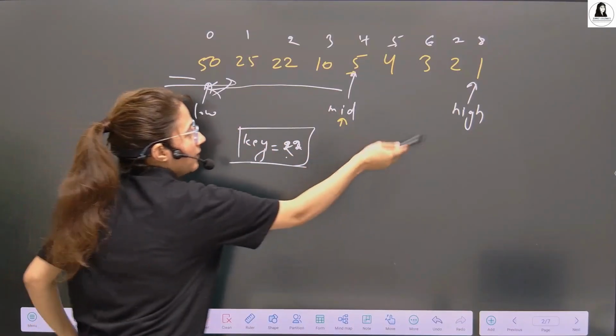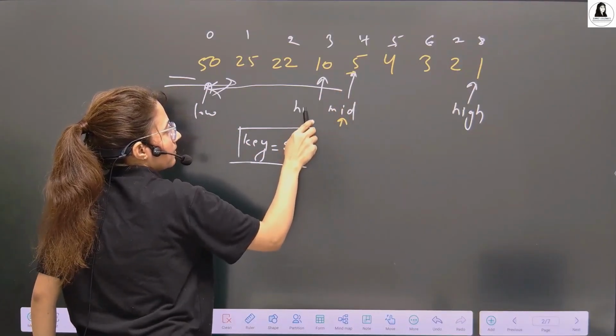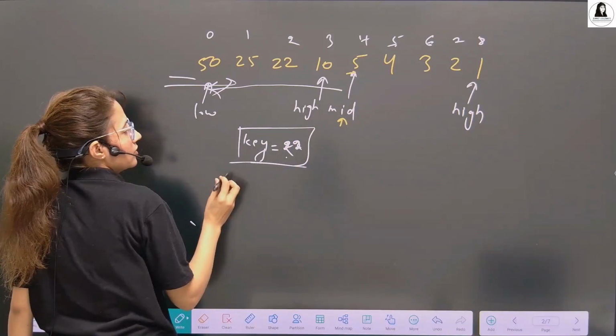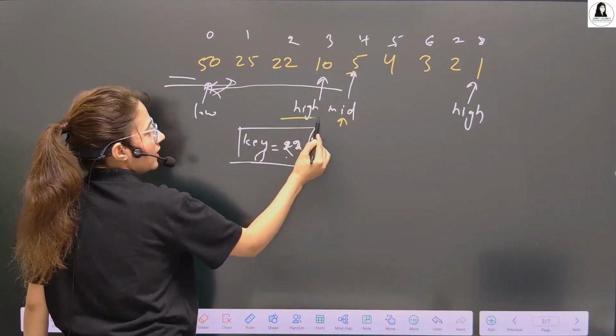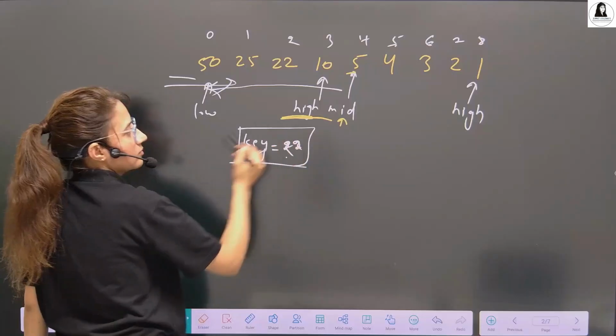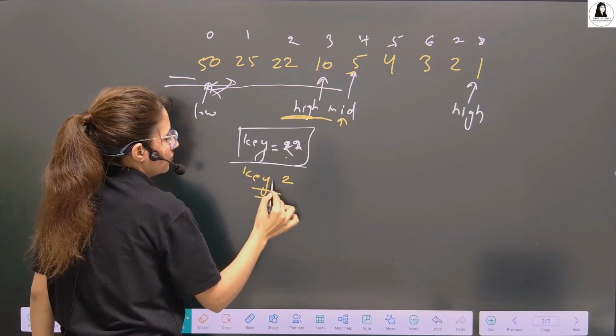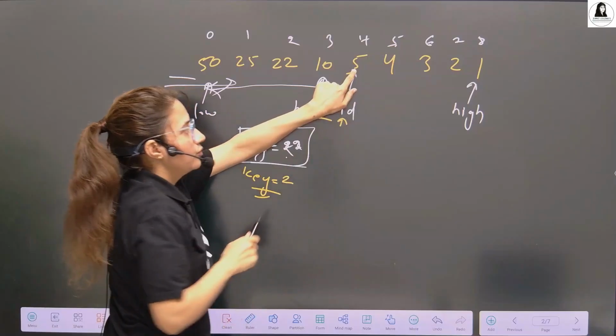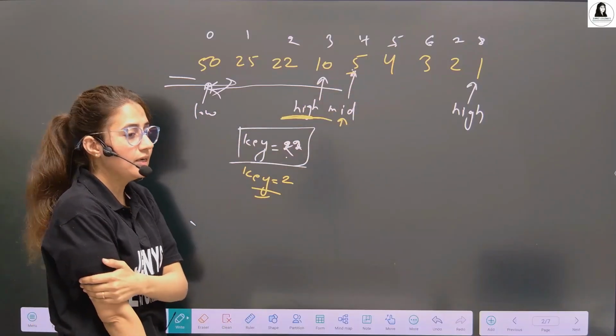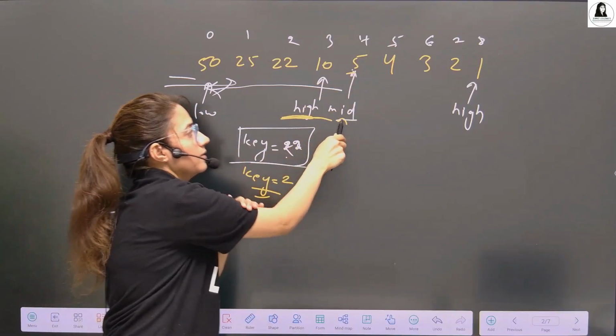Now high becomes this, so now you have to change high. If the key is greater than mid, then high becomes mid minus 1. If the key is, suppose, 2, so this is 5, it's not equal, but our key is less than mid.